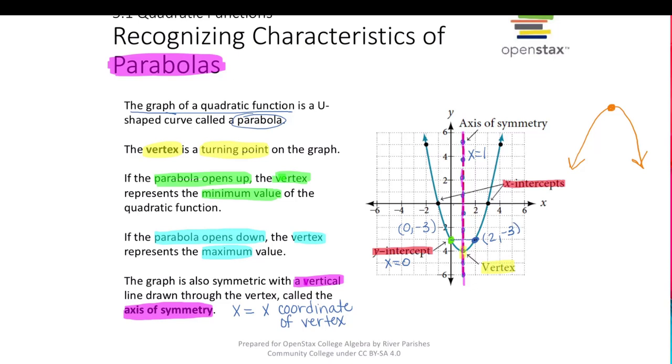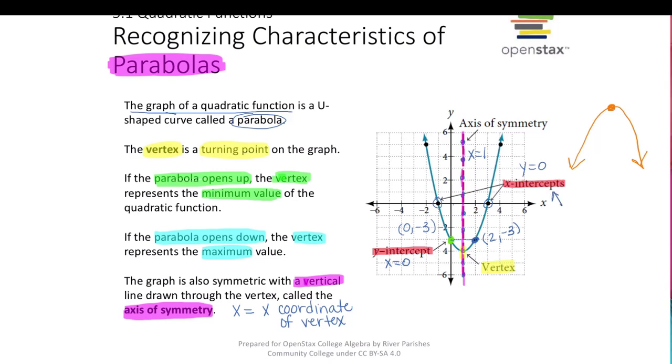All right, then we have our x-intercepts. And some parabolas don't have x-intercepts. If it doesn't cross the x-axis, then it's not going to have x-intercepts, but if it does, then it does have x-intercepts. So the x-intercepts, that's where it crosses the x-axis. This is where y equals 0.